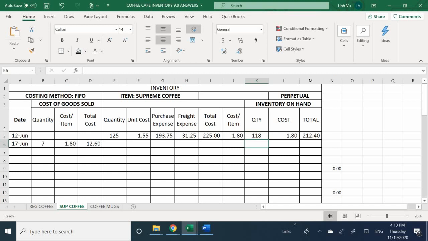So it's going to automatically calculate your total because we need to keep our cost per item the same, giving us a total of $212.40. Correct. Okay, so now that we updated our inventory, what's next?